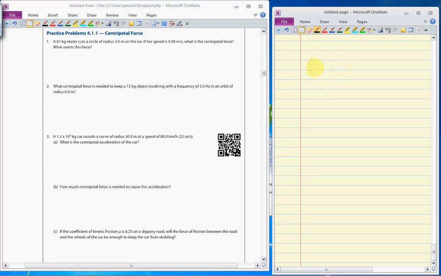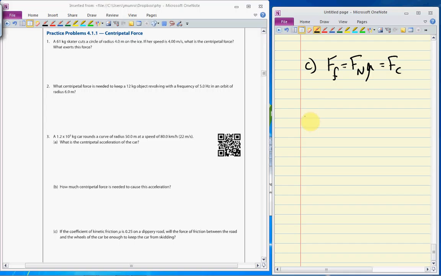And question C talks about the coefficient of friction. So the force of friction is equal to the normal force times mu, and this has to be equal to the centripetal force, otherwise it will slip out of the turn.